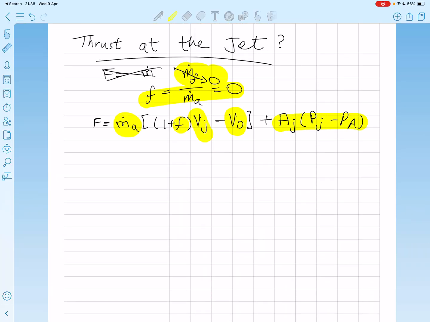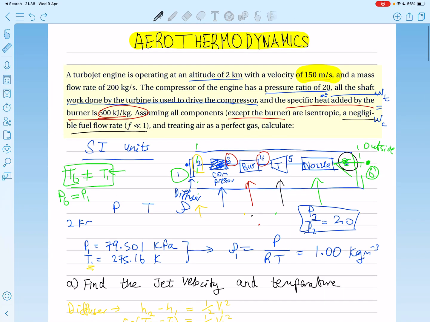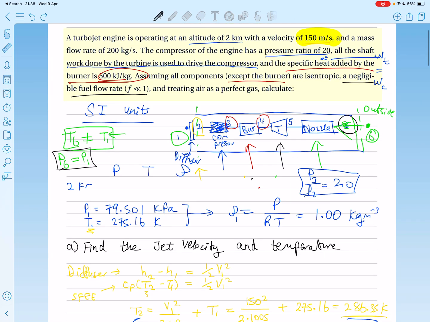And this term goes to 0 because we assumed a fully expanded jet. Which means, which was this approximation here?